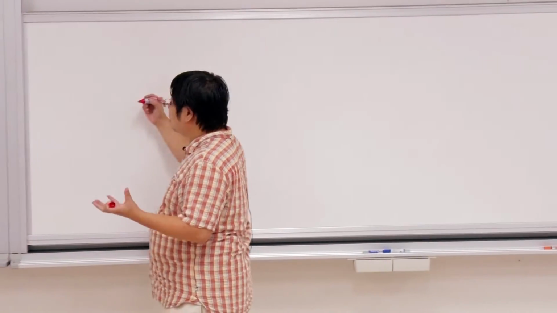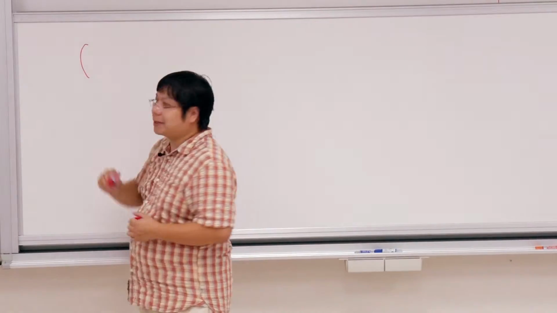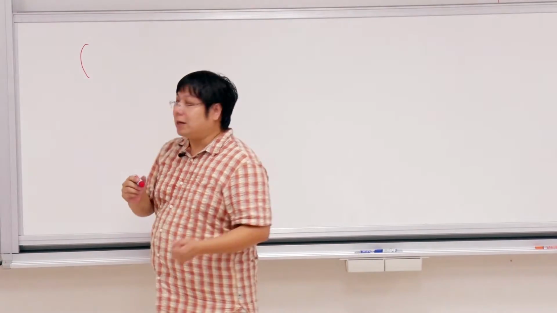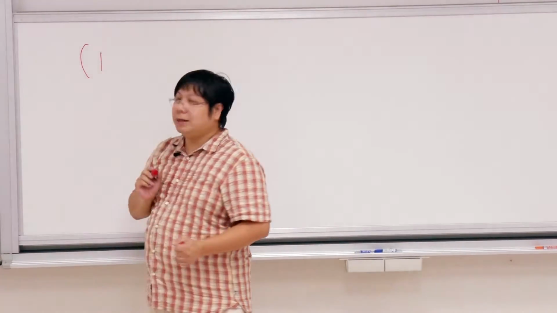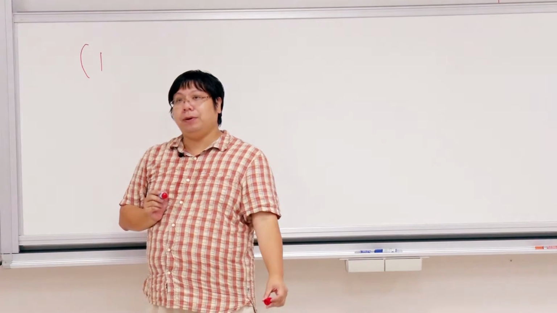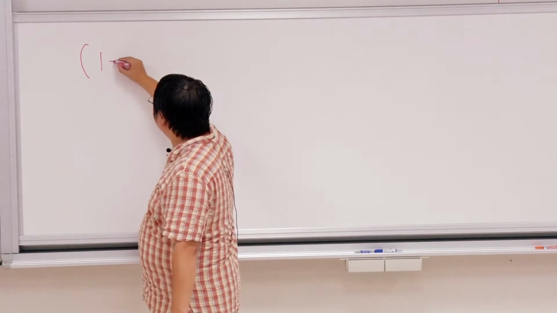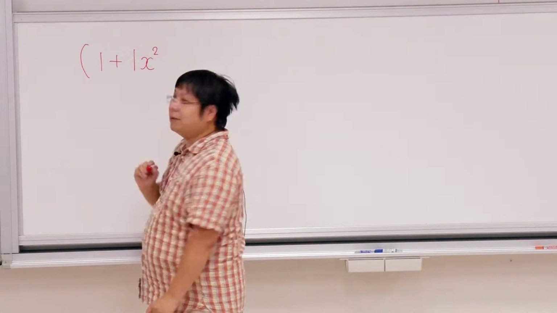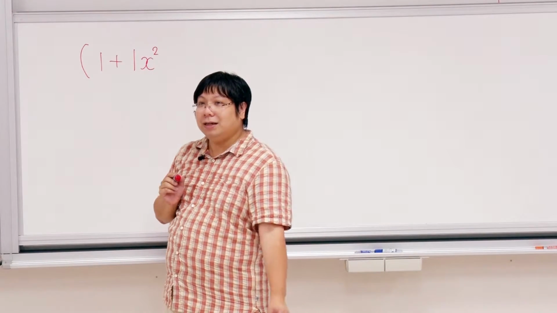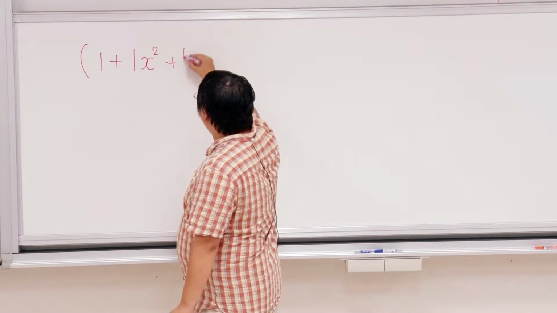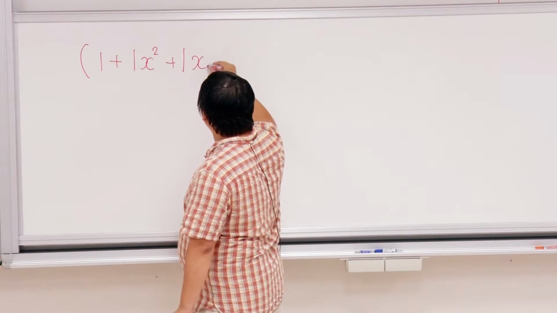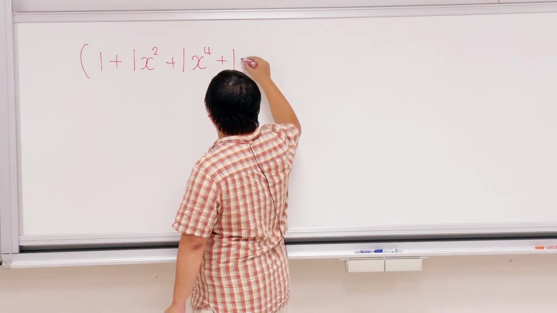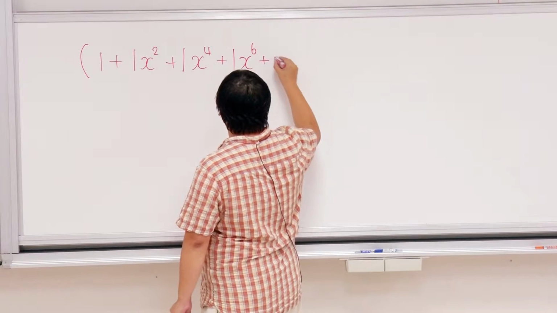So I want to list out the formula that is representing apples. I have one way of choosing no apples, and then I have one way of choosing 2 apples. Is that okay? And then I have one way of choosing 4 apples, one way of choosing 6 apples, and so on and so forth.